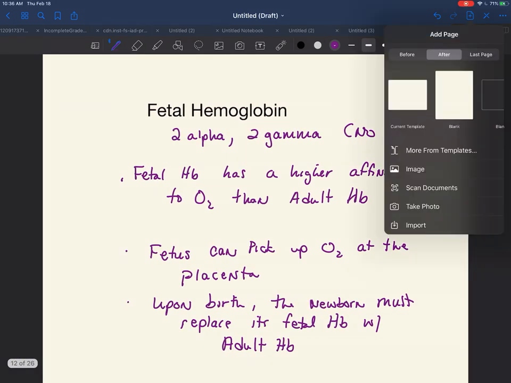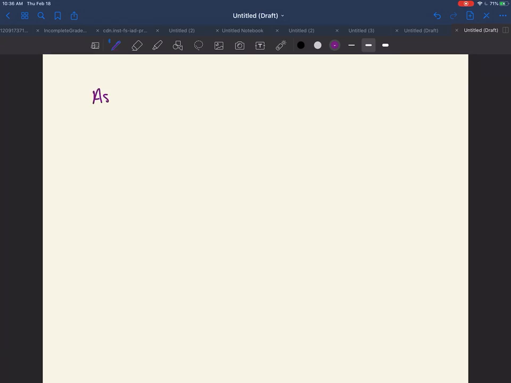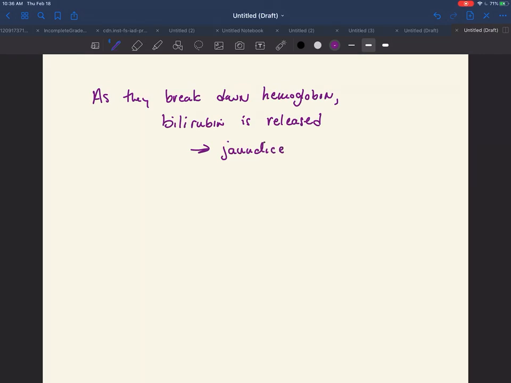So as they break down the hemoglobin, bilirubin is released. This causes jaundice if the liver is not able to deal with all of that. And this is a yellow coloration of the skin.